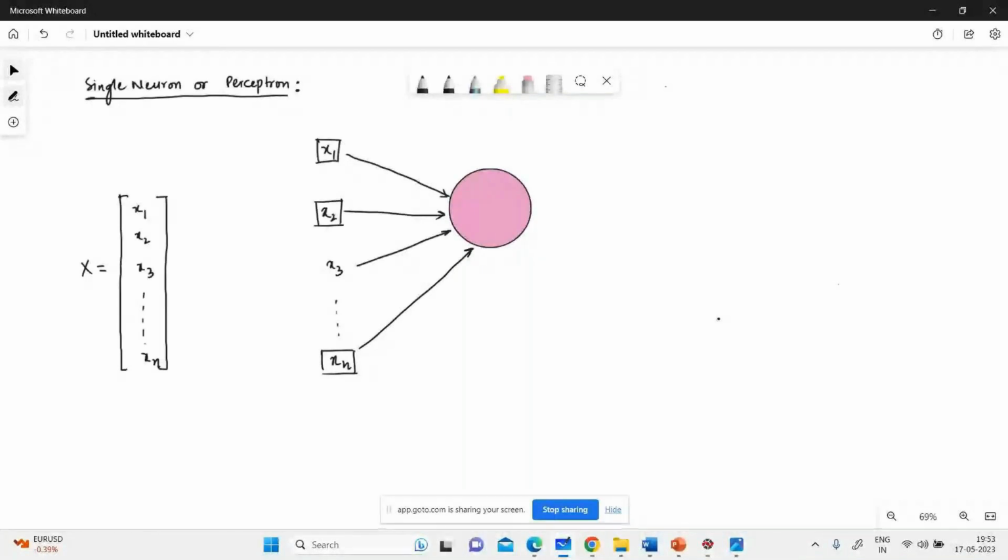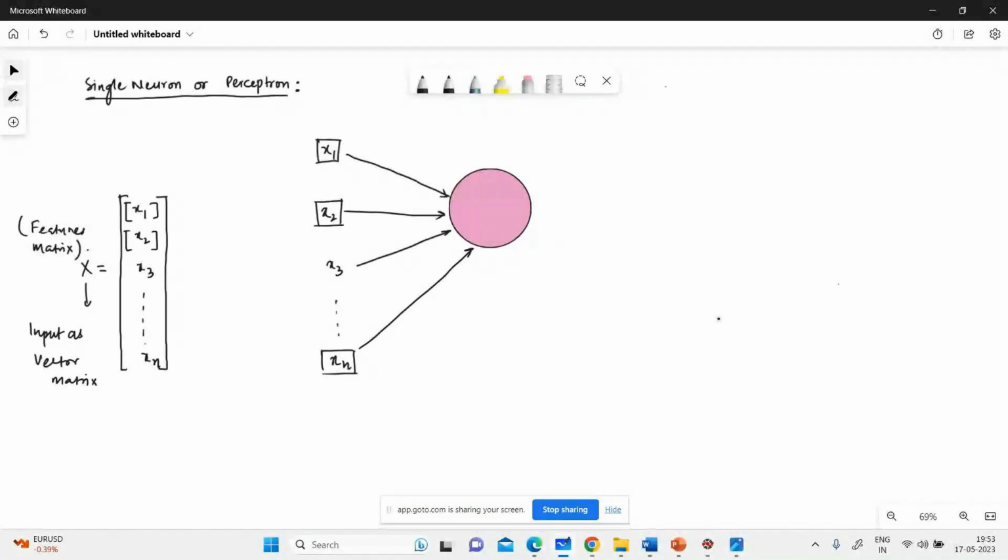X indicates my input as a vector matrix. Why is it called a vector matrix? Because every feature here will be treated as a vector like this. So we have a feature matrix. This capital X is the features matrix, which is given by your x values.